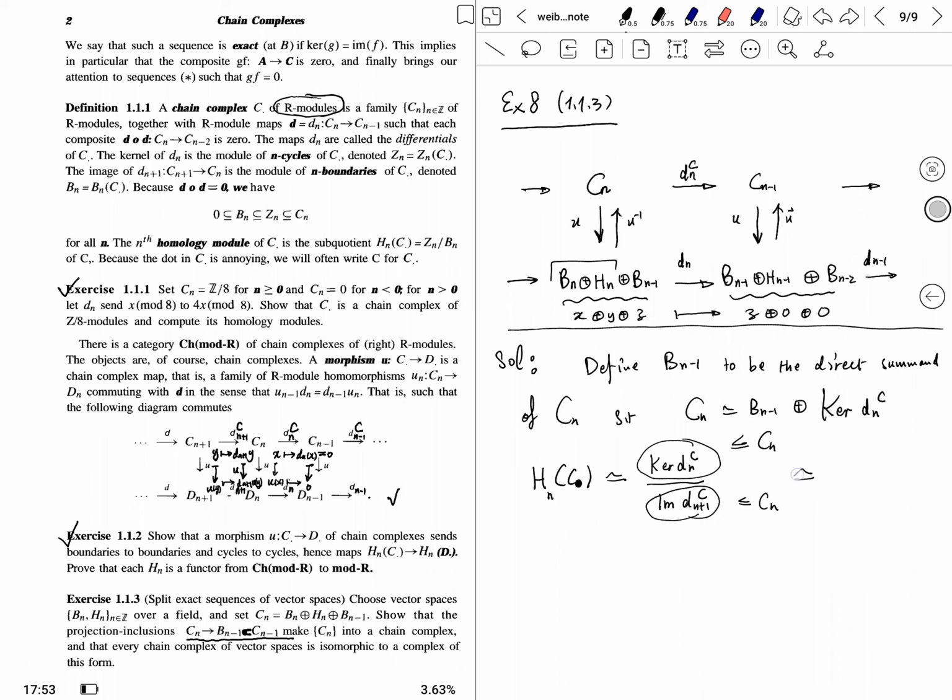In other words, the kernel of D_n is actually isomorphic to the image of D_{n+1} direct sum with H_n, because everything is a vector space. That's very nice. You can always take the complement, because you can always form a basis starting from a basis of any subvector space.